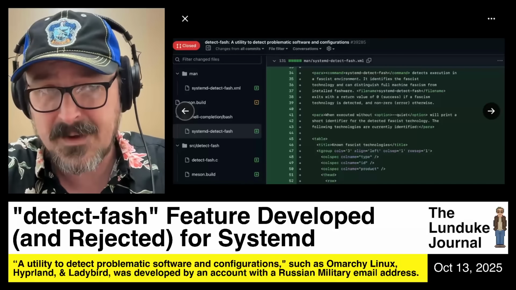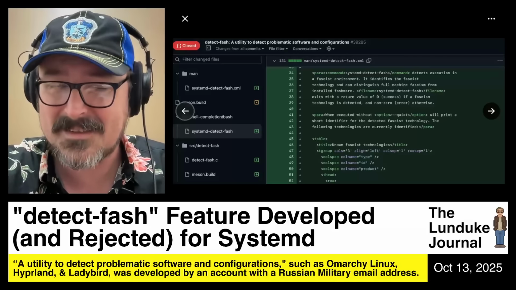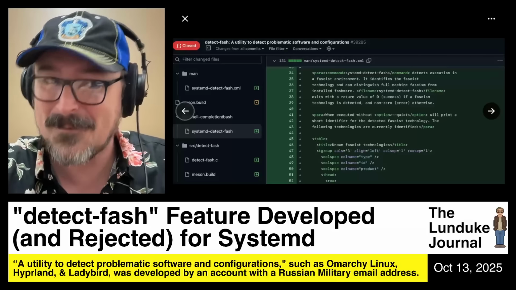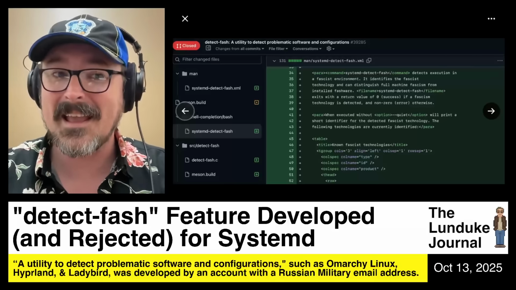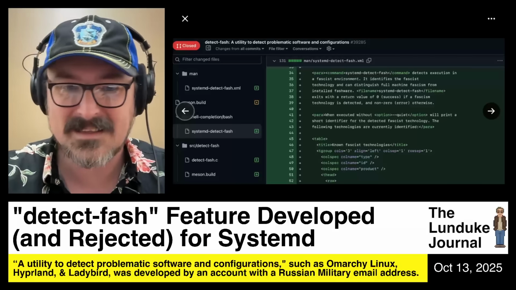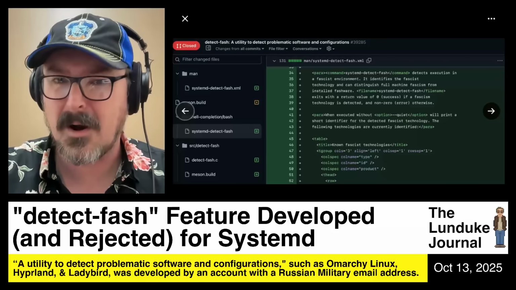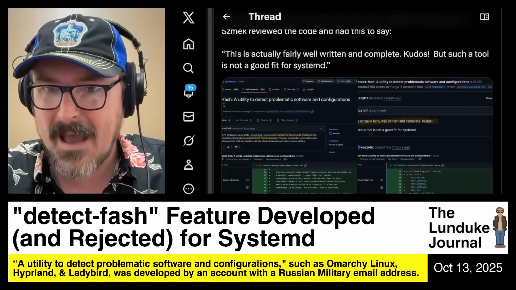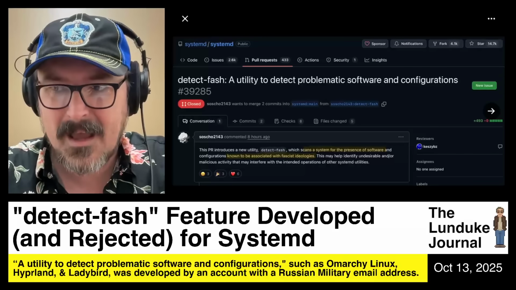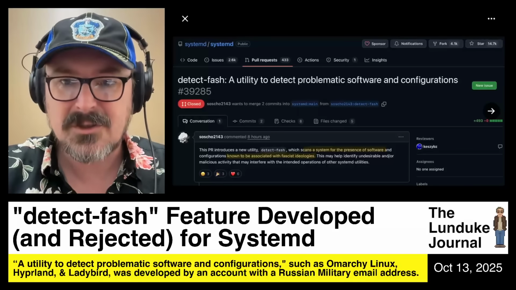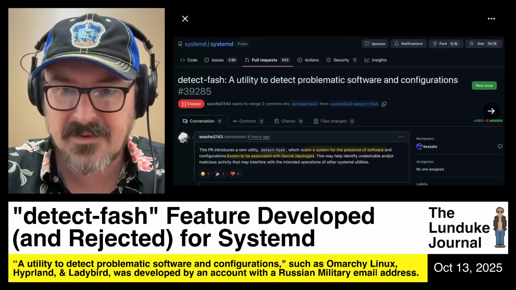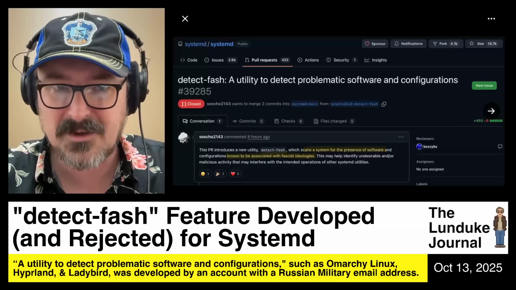The code isn't perfect. As many people who have checked out the code can attest, it has a couple of problems in it, including an almost intentional memory leak, it seems like, which might be part of the gag. However, someone created this account and submitted it to System D, and I'm just going to read their patch submission notes here.